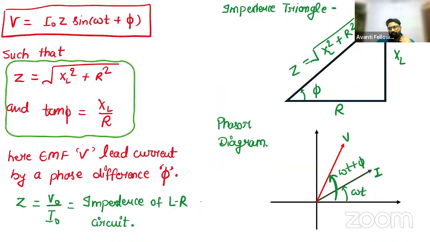And for this, if I draw the phasor diagram, this is the current, at an angle of omega t.